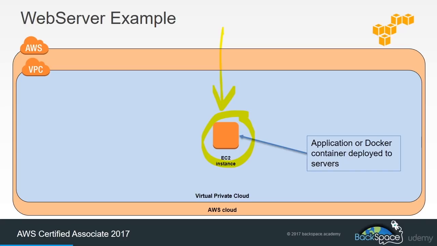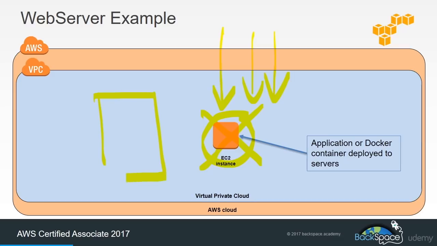What happens when we get a situation where those requests are getting too much for this EC2 instance to handle? So what would we do? In the olden days, back in the 80s and the 90s, the done thing was to tear this down and replace it with a bigger instance.